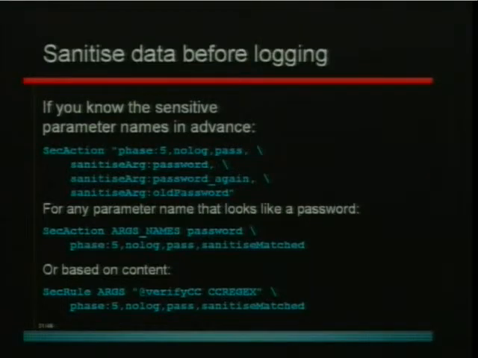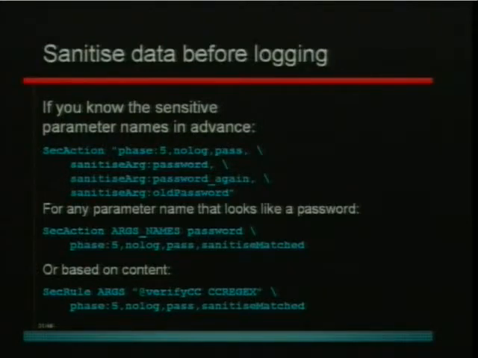So moving on, sanitizing data before logging. This is just an example. I told you it's possible. You can do it in many ways. You can do it by name if you know in advance what the parameter names are. In my case, this is password again, and old password. However, you can also have a rule that looks at all parameter names, and if you see the word password in any of the names, no matter which variation it is, we can sanitize it.